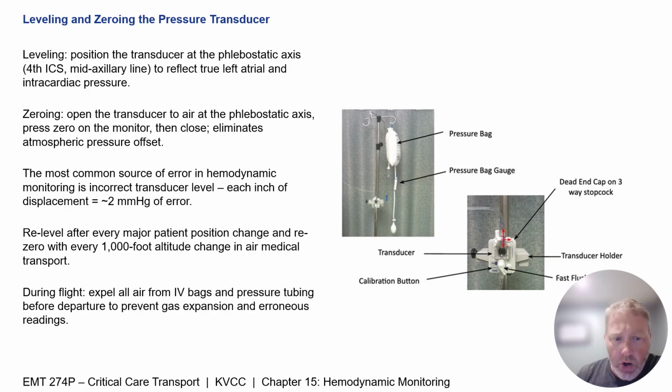Always re-level that transducer after every major patient position change and re-zero it with every 1,000-foot altitude change when you're in flight. And again, during flight, always expel all the air from the IV bags and the pressure tubing before you leave to prevent gas expansion and erroneous readings and harm to the patient.